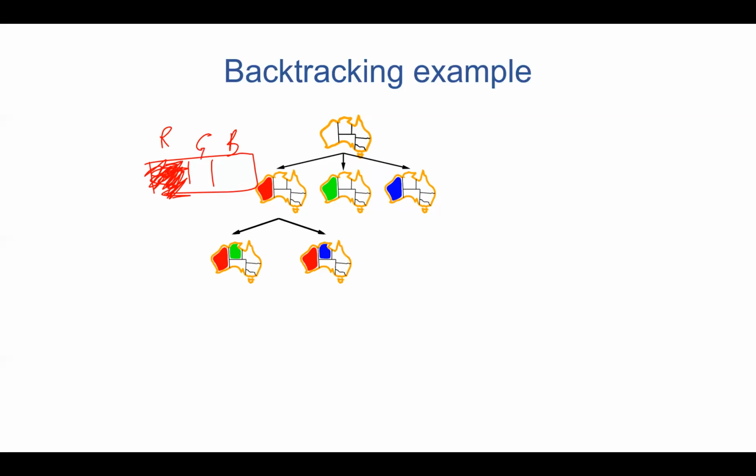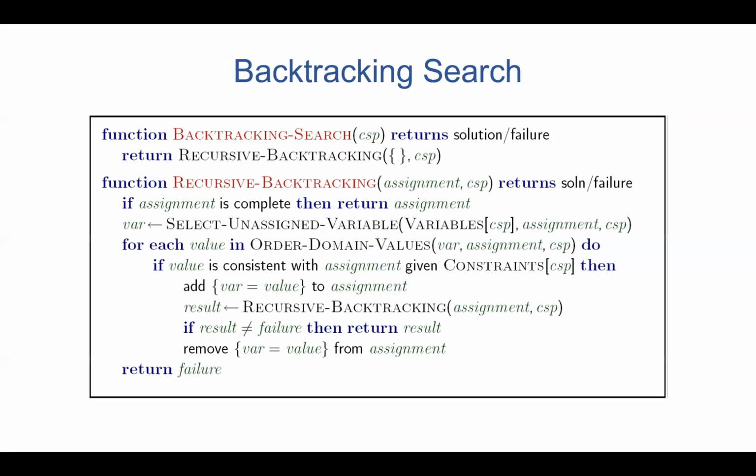As soon as we get to the next state, for Northern Territory, our options are reduced to only green or blue, because we have already assigned red to Western Australia. Keep going. At one point, you might assign some value to some of the variables that might cause a problem all the way up there, so you have to backtrack. Really tedious process, right?